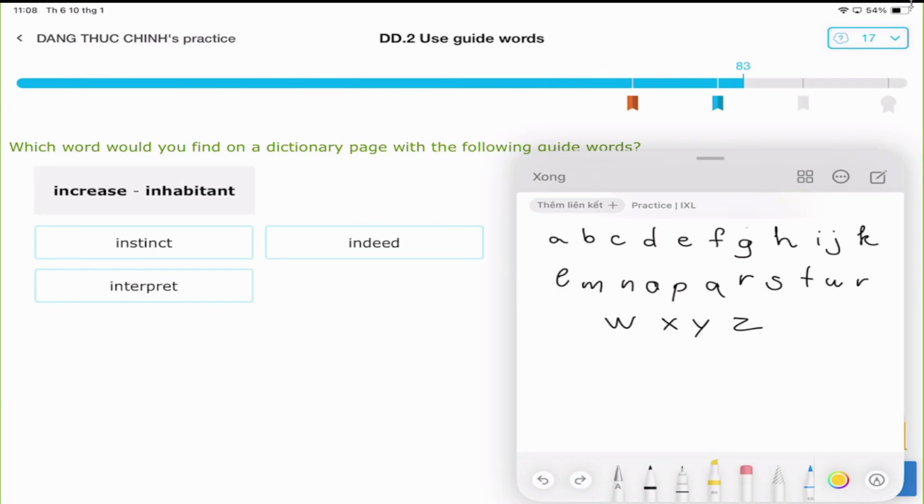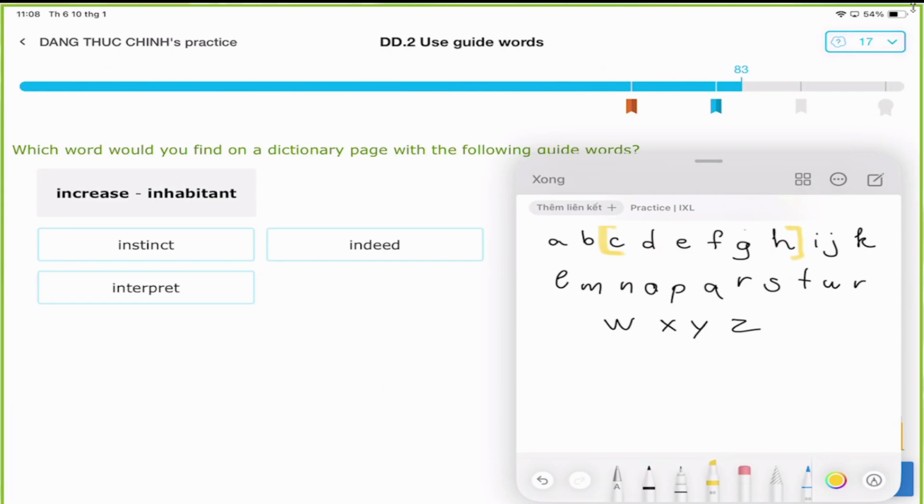Increase and inhabit. So let's see. C and H, between C and H would be found one of these. Of course, we'd find one of these, but which would it be?